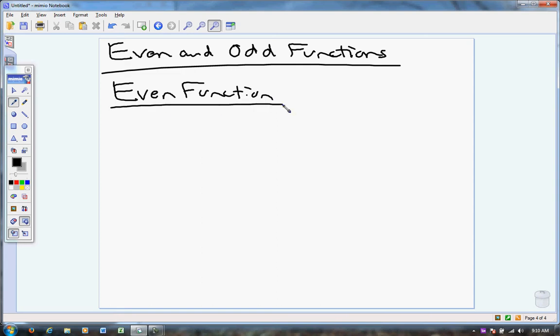An even function is symmetric with respect to, I normally just put WRT, but I'll write it out, with respect to the y-axis. If it is an even function, it is symmetric with respect to the y-axis.